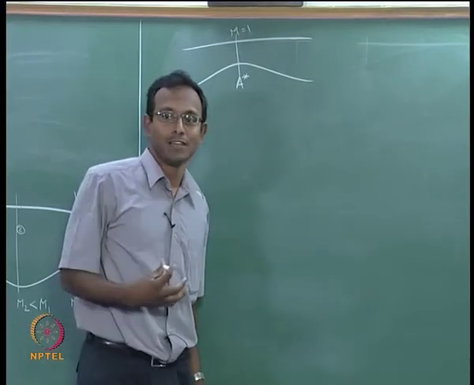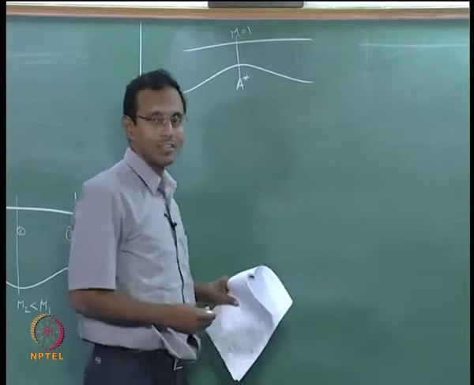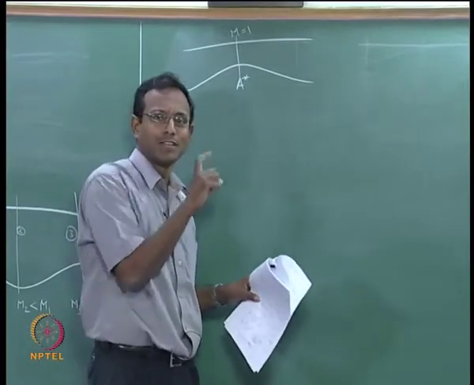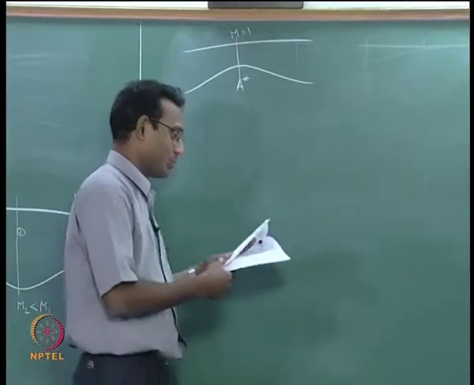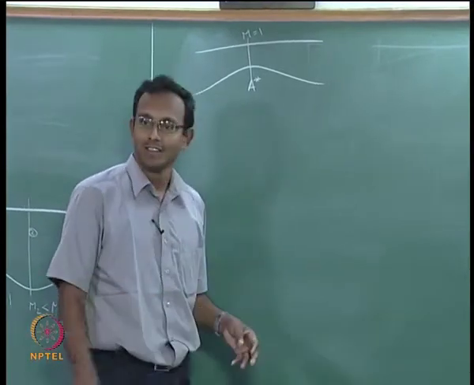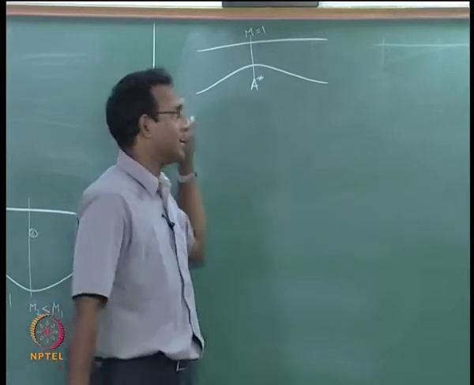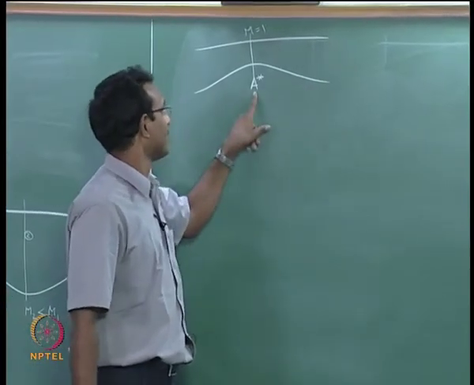I want to say the least area point and it is choked. We will go and redefine that choking more after we have done some derivation. As of now we will just assume that it has to be the least area or the minimum area possible, and we will assume that Mach number is 1 there.